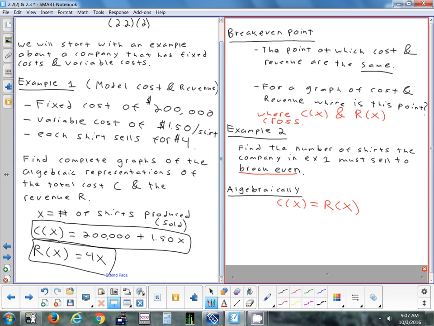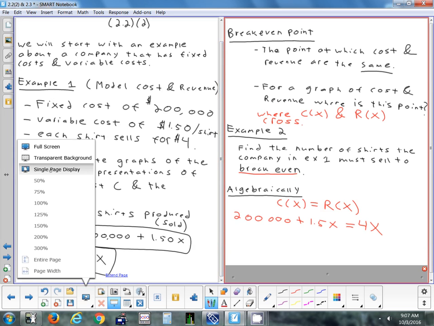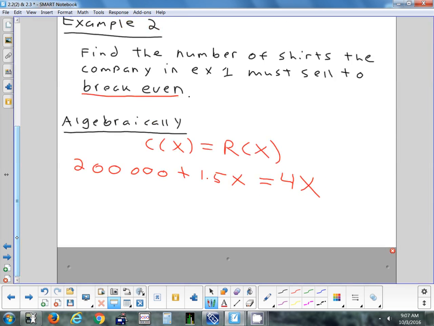And for C of x, I'll plug in 200,000 plus 1.5x. And set that equal to my revenue, which is 4x. Okay, now we just solve. Okay, Austin, what would be my first step to solve that?